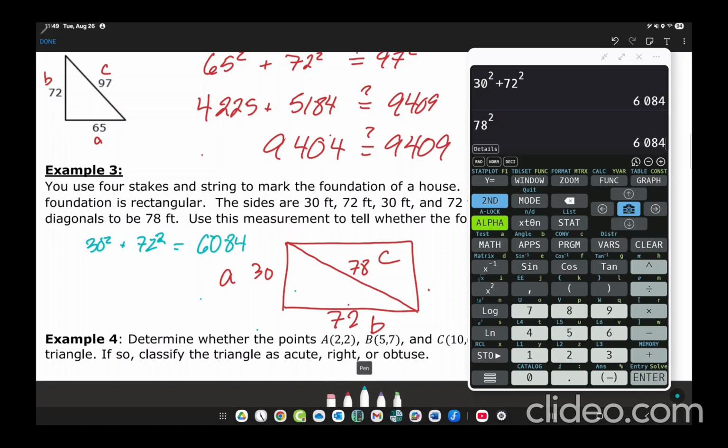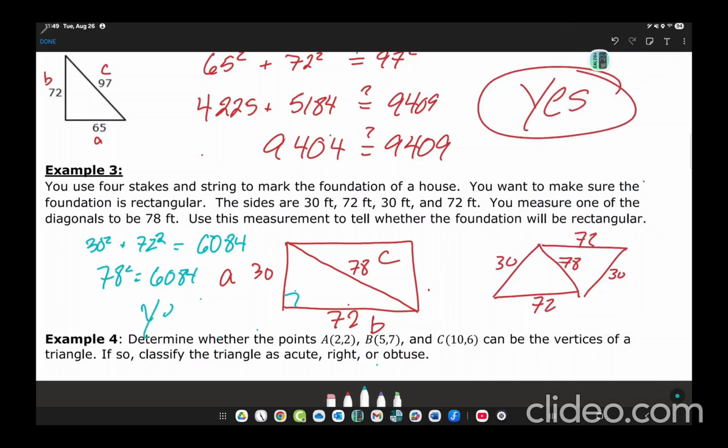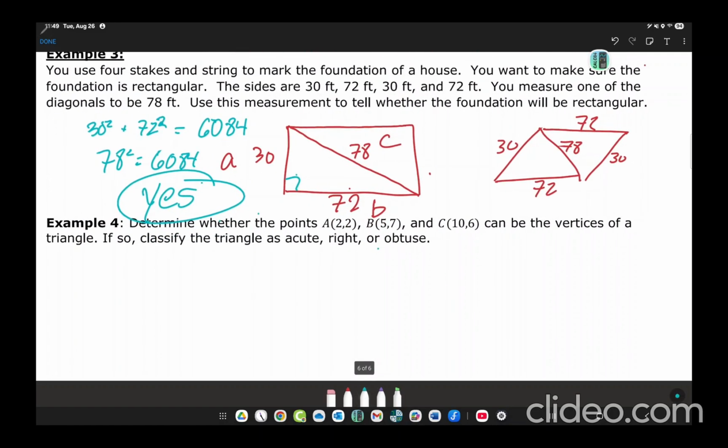And then 78 squared is also 6,084. So now you know that's a right triangle, which means you do have a rectangle. So yes.